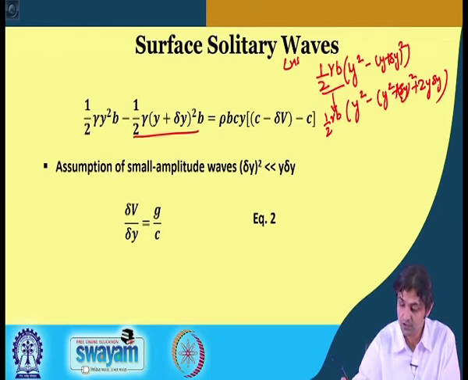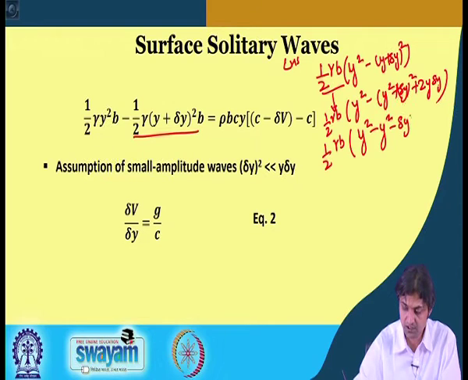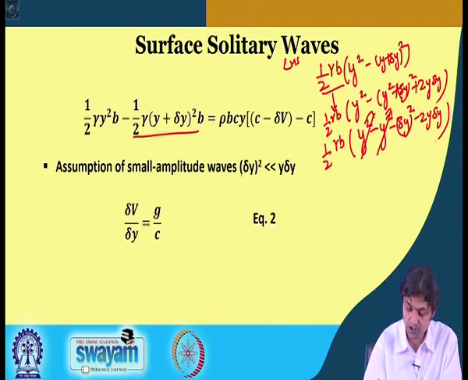The y square and y square get cancelled, and using this approximation we can take the delta y square term out as well.